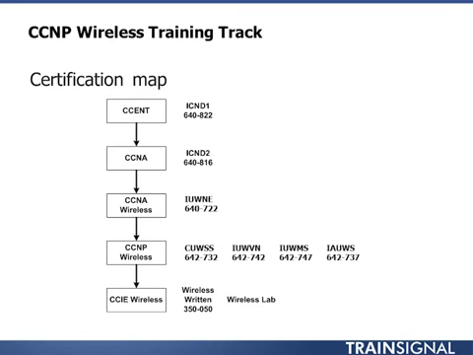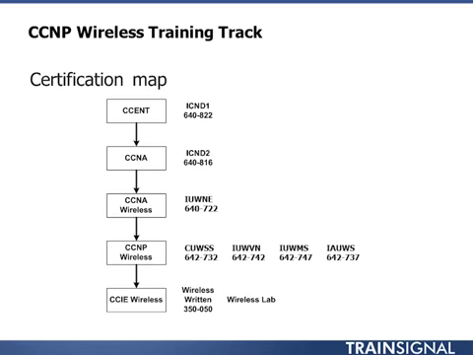So when you take this exam, ideally you were expected to have taken the CCNA. You could have either taken the CCNA or you could have taken the ICND1 and ICND2, which are equivalent to giving you the CCNA. So you're now ready to take the 640-722 exam. Now you've got your CCNA wireless when you've taken the 640-722.